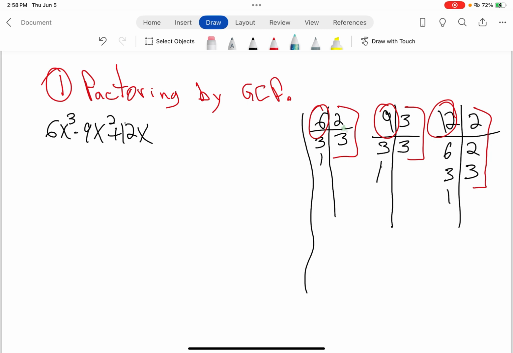If you can see, here is a 3, here is a 3 also, and here is a 3. So the greatest common factor between those three numbers is 3.